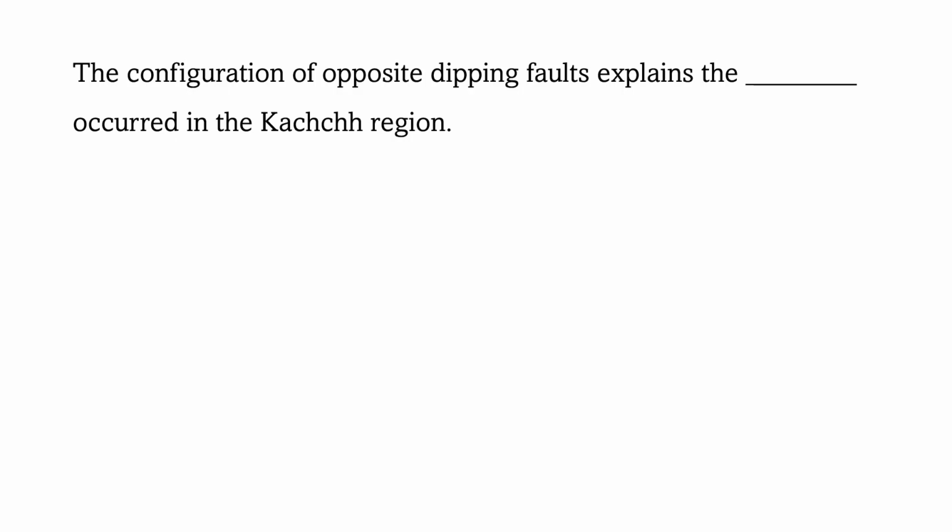So, configuration of opposite dipping faults. Opposite dipping is basically, if one fault is like this, the other will be like this. One is dipping in this direction, the other in this direction. That explains a particular phenomenon, an example of which you can see in the Kutch region in Gujarat.